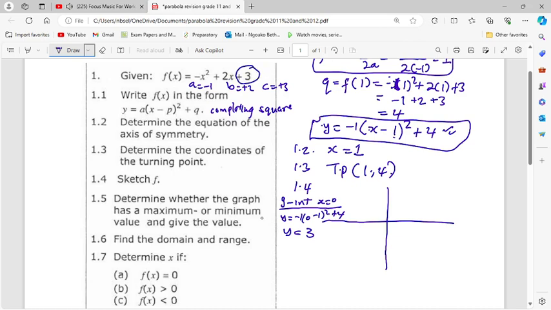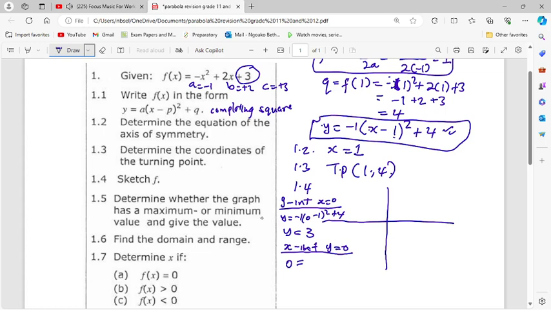Right, let's get the x-intercept. Now on the x-intercept, we know that y must be 0. So in that case, if y is 0, then we'll have 0 equals, which equation to use?